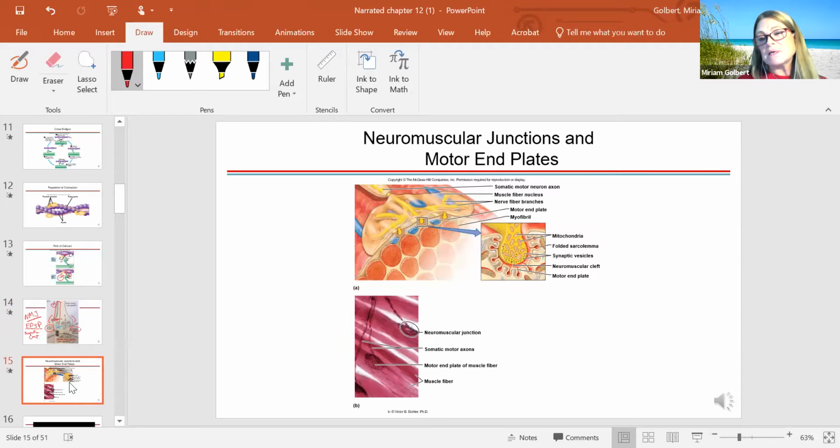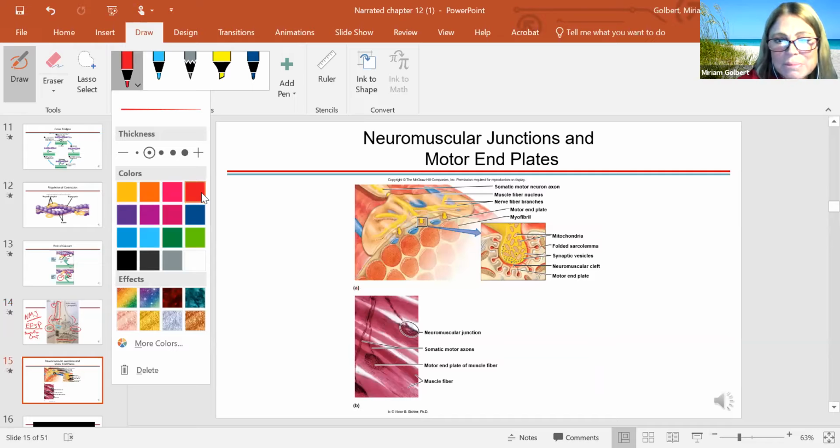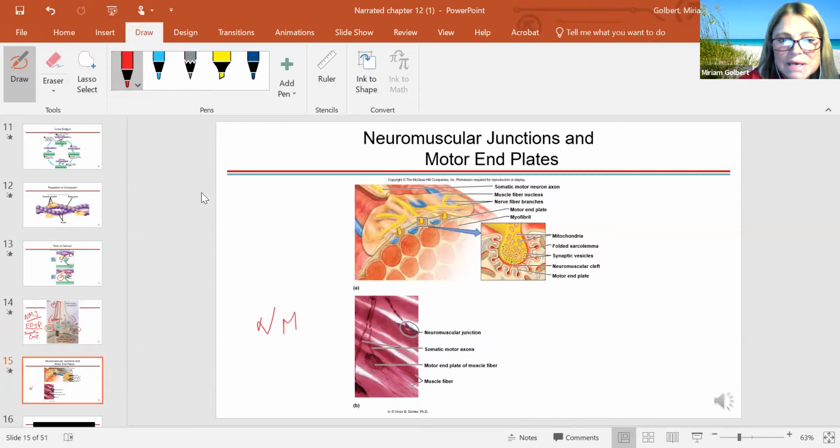And this is the book's picture, which I think mine is a lot better. But what you can tell here is, right at the bottom here, that's your neuromuscular junction in real life. And you can tell the long fibers here like this. And then each of these little feet is the motor neuron.